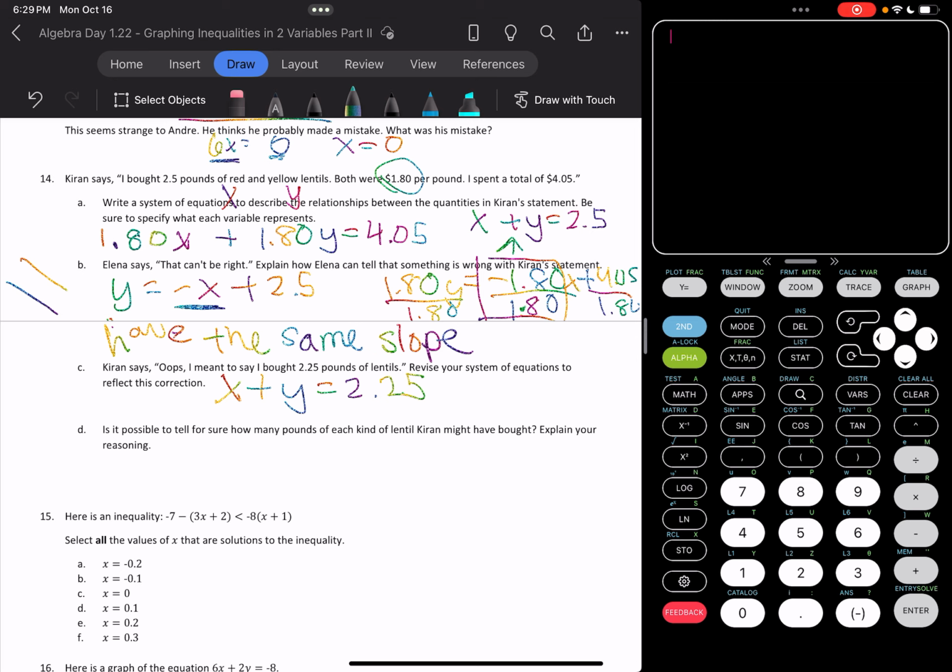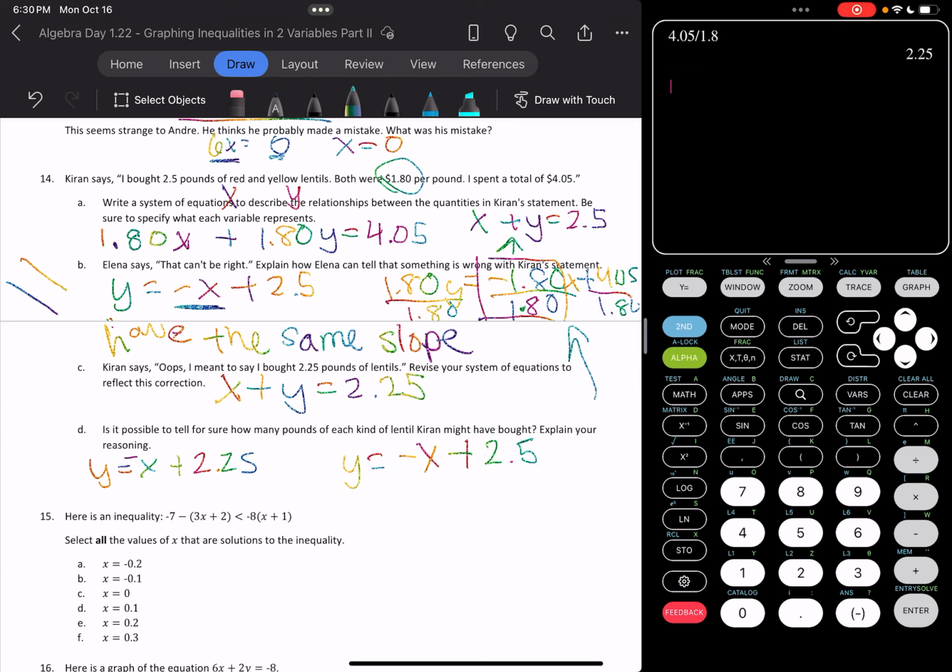Now, in this case, if we look at this equation with the other equation, this would be y equals negative x plus 2.25, right? The other equation that we found over here would be y equals negative x plus 4.05 divided by 180, which would be 2.25.